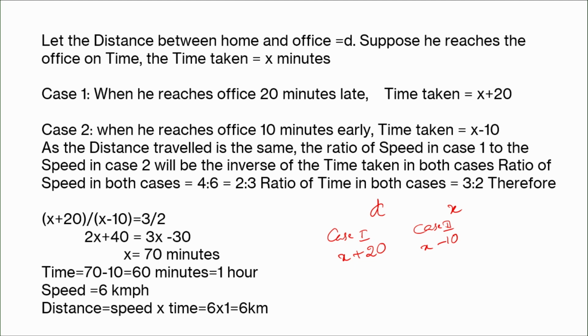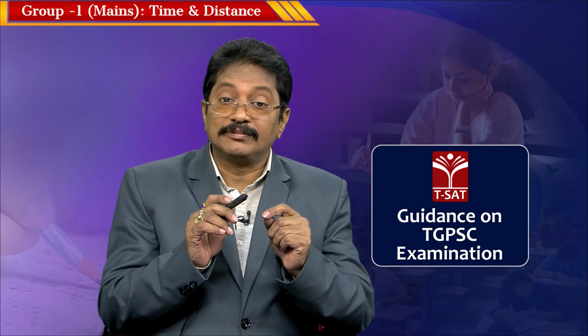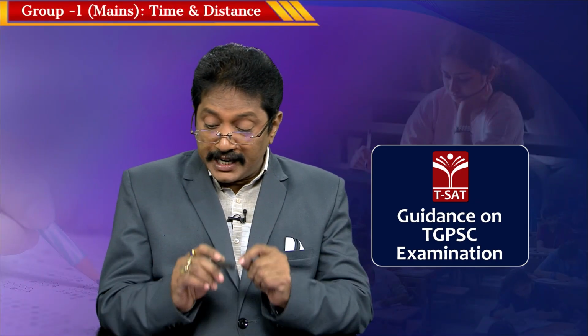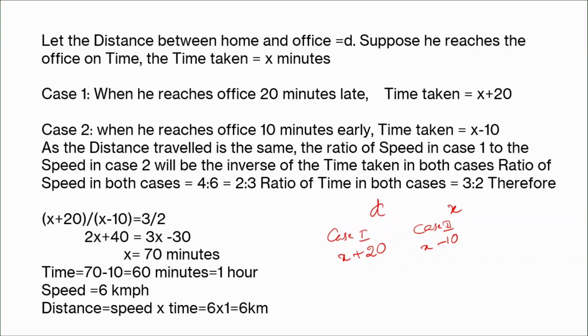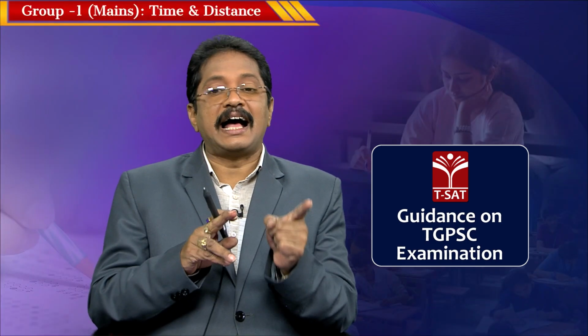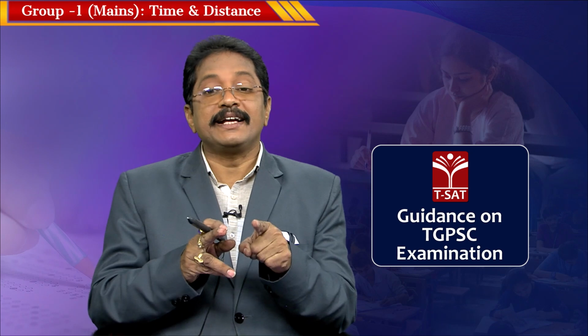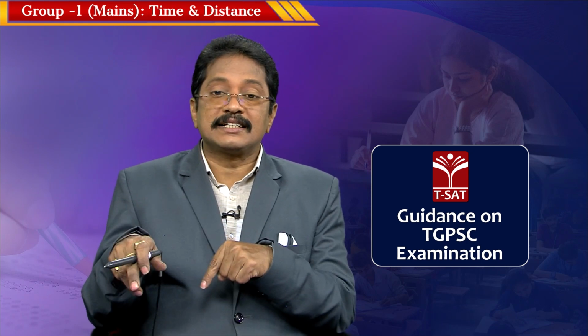Now, as we said, the distance is the same, do not forget. The ratio of the speeds in case 1 to case 2 is inversely proportional to the ratio of times. Already I said, when the distance is the same, as speed increases, time decreases.